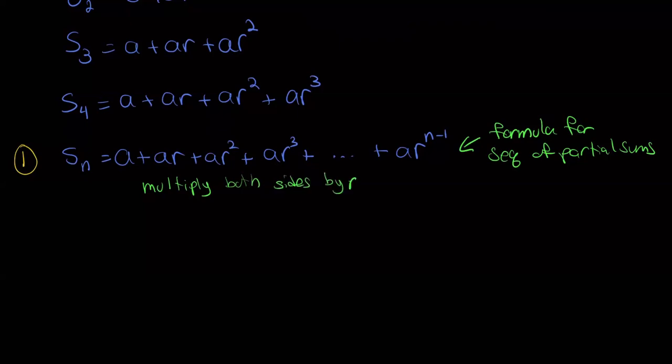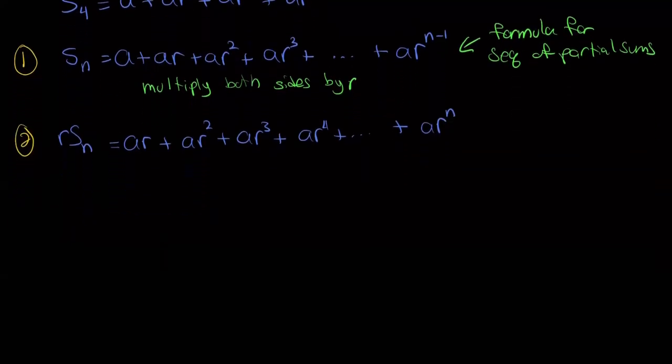And if I do that, I'm going to keep my equal sign there. I would end up with r S sub n. I'm just multiplying by r, and then I'm going to multiply each one of those by r, and I would end up with ar plus ar squared plus ar cubed plus ar to the 4th all the way to ar to the n. And I'm going to call that my second equation so far.